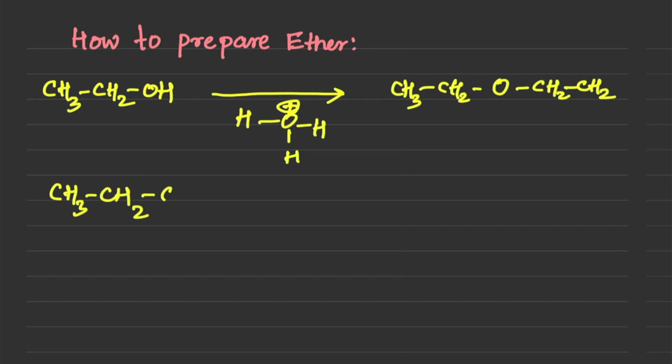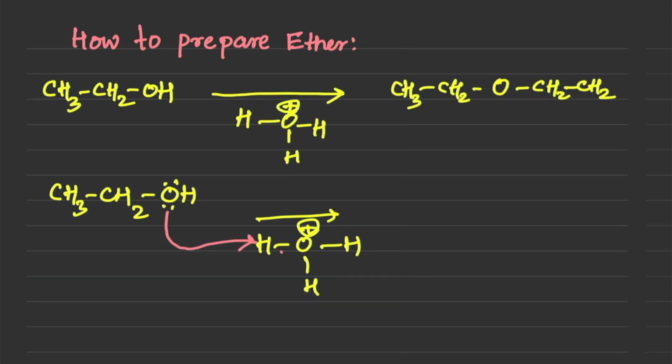Ethanol has oxygen, and oxygen has a lone pair. When you do this reaction in acid catalyzed medium, the lone pair here will abstract a proton from water or hydronium ions.